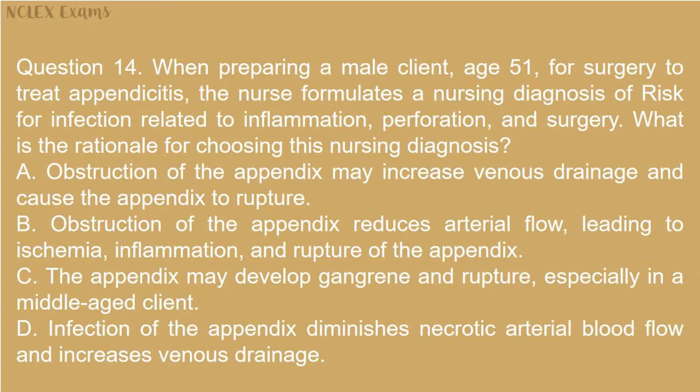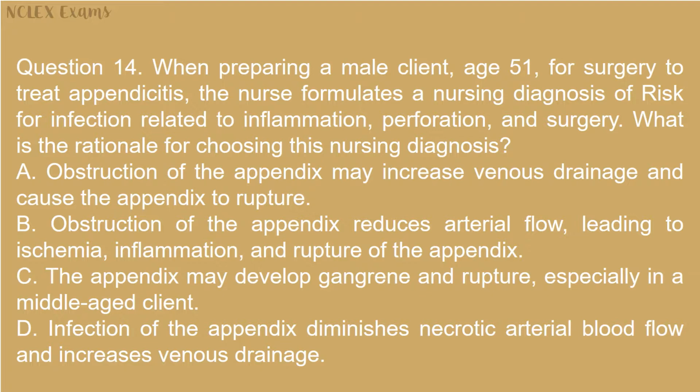Question 14. When preparing a male client, age 51, for surgery to treat appendicitis, the nurse formulates a nursing diagnosis of risk for infection related to inflammation, perforation, and surgery. What is the rationale for choosing this nursing diagnosis? A. Obstruction of the appendix may increase venous drainage and cause the appendix to rupture.